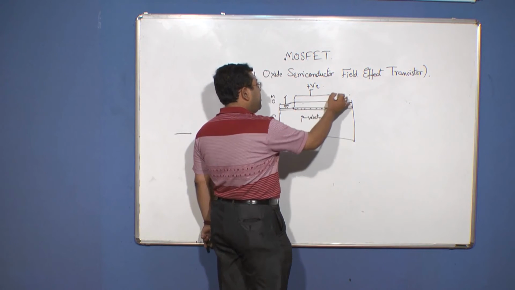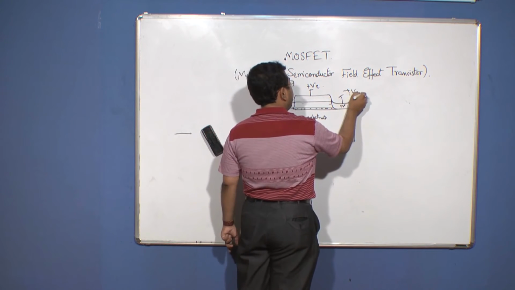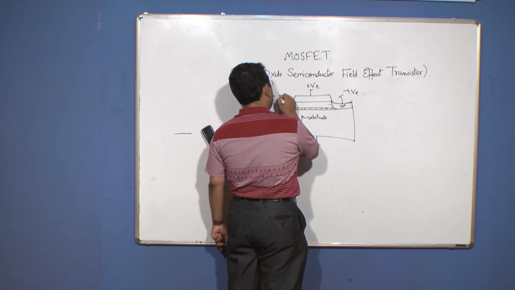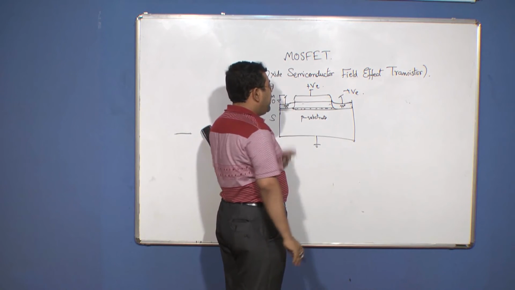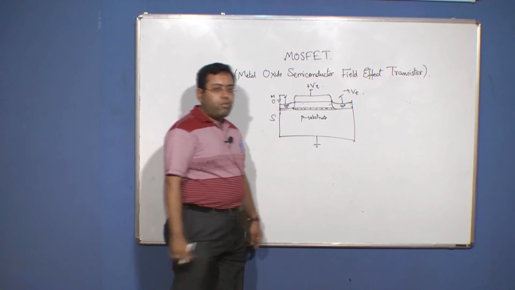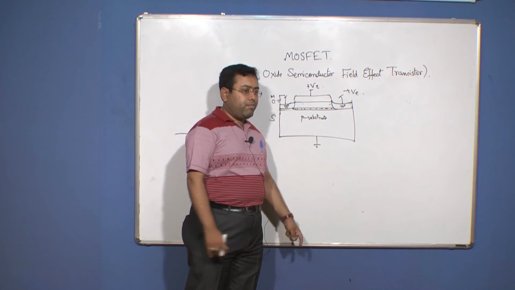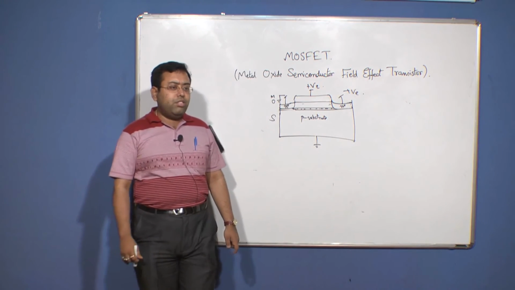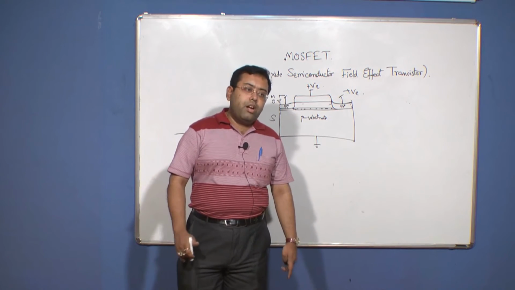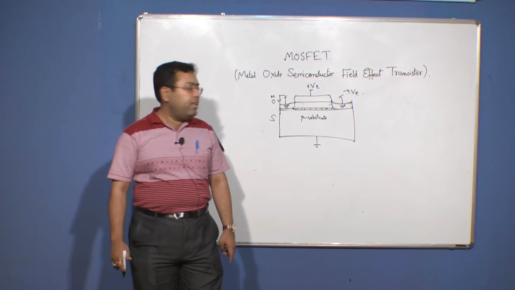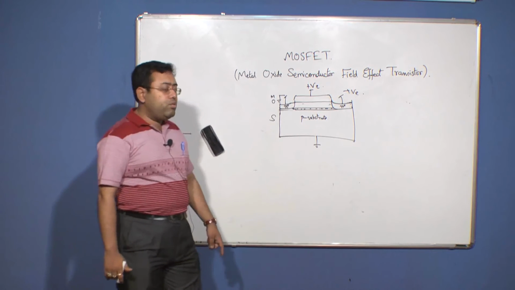Now, over here if you give a positive potential at one of the n diffusion regions with respect to the other, then electrons basically move towards the source of the positive potential, and therefore, you are basically having a drift of electrons being set up. The n diffusion region which you connect to a higher potential, we call it the drain, and the other n diffusion region we call it the source.